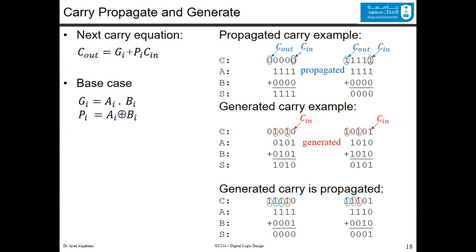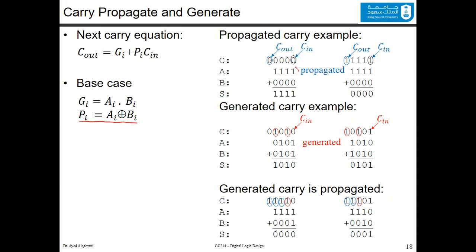You can see the same idea here. This is the carry input of the first stage. Then you do the addition, 0 plus 1 plus 0, you get 1, carry 0, and so on: 1, carry 0, 1, carry 0, 1, and carry 0. You can see that this 0 is actually propagating through the other stages until it reaches the carry output. Why this propagation behavior? Because the equation of the propagate signal is satisfied.